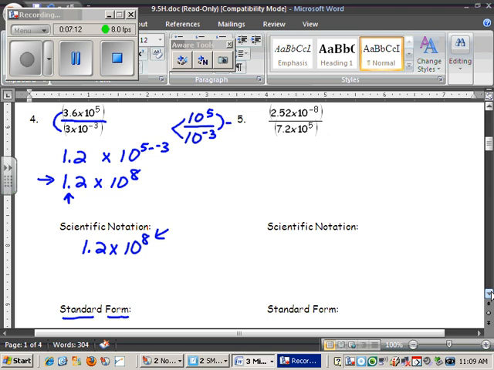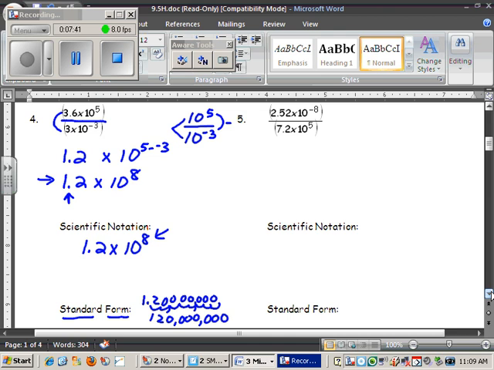So we're going to move our decimal 8 places to the right, and then fill those in with zeros. We should have 7 zeros. And then if we put in our commas, we end up with 120 million. And that would be the number written in standard form.